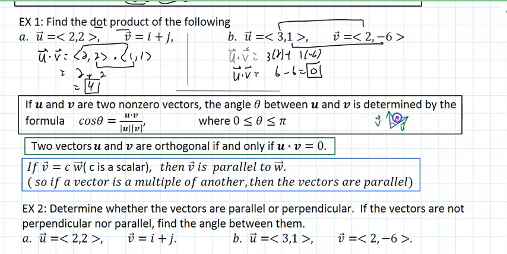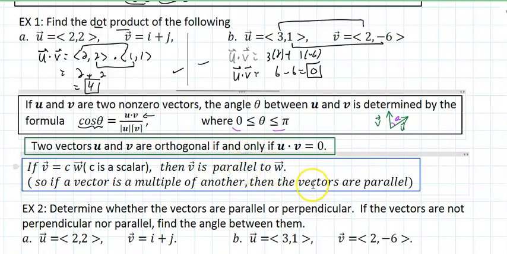If the angle theta is between them, and we're talking about the angle being between 0 and 180 degrees, then I could derive this formula for you, but that's beyond the point. Cosine of theta would be u dot v, which is what we just found, divided by the magnitude of u times the magnitude of v. And that's pretty much it.